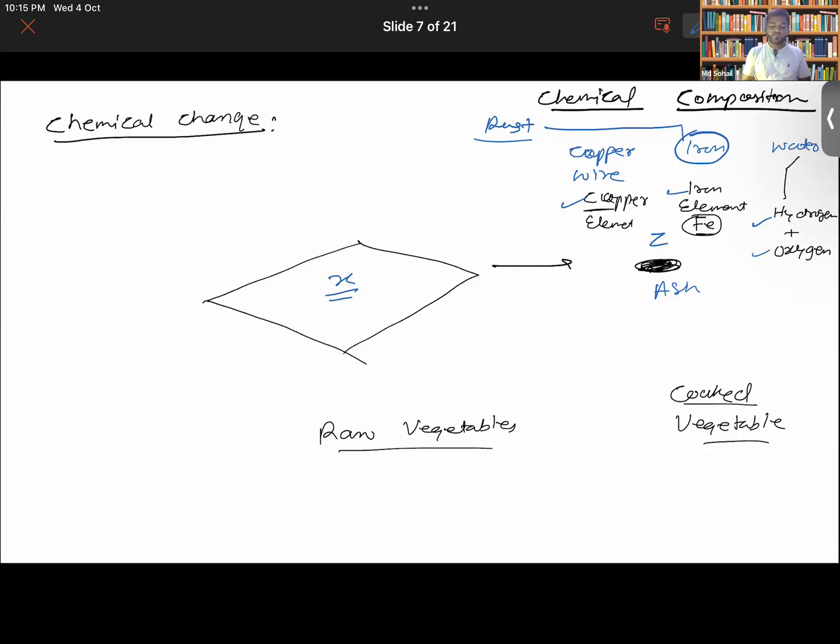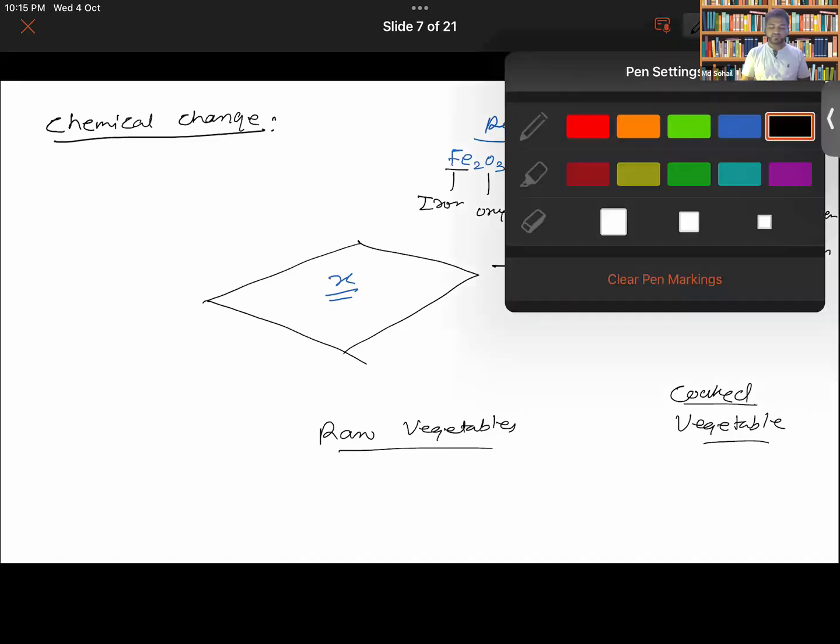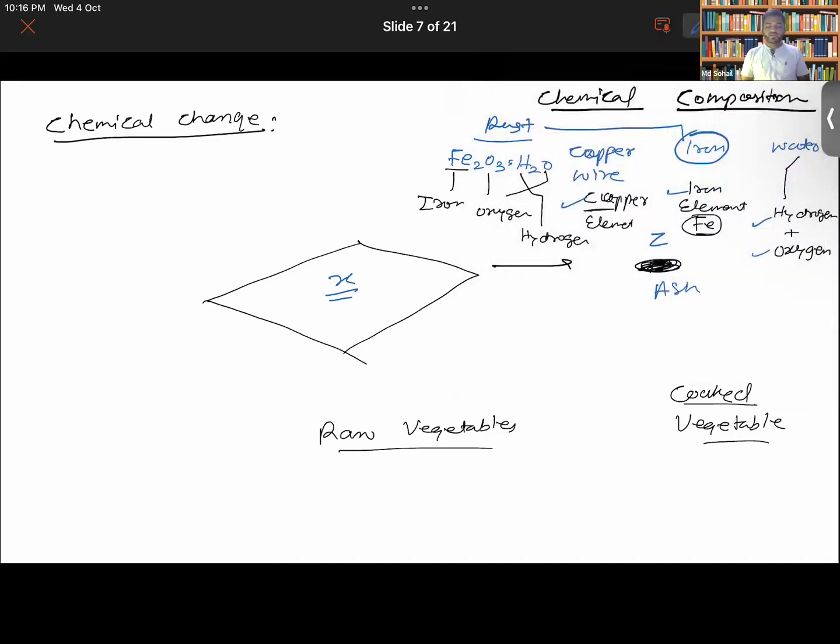And thereby, if you were to look at the composition of rust, it is Fe2O3.xH2O. So here Fe is iron, O is oxygen. You have got hydrogen also, and what else? You have got oxygen again. So originally the composition of iron was just iron only.